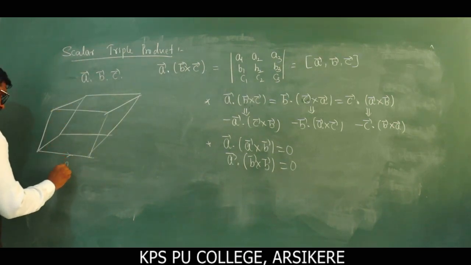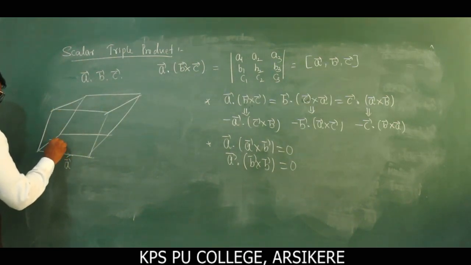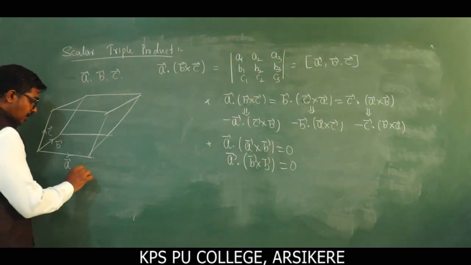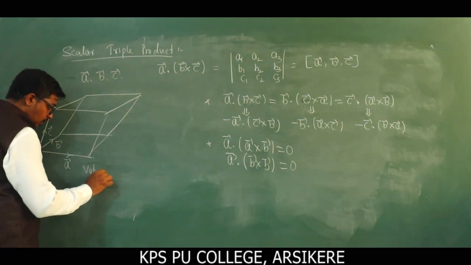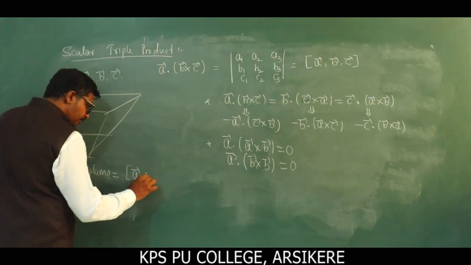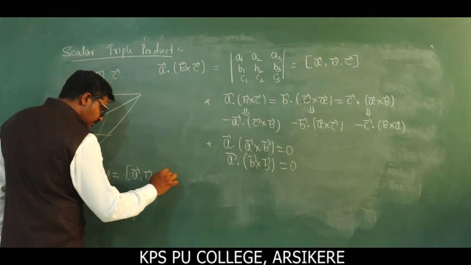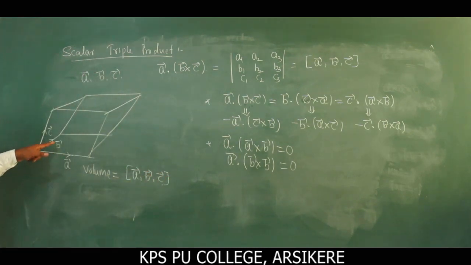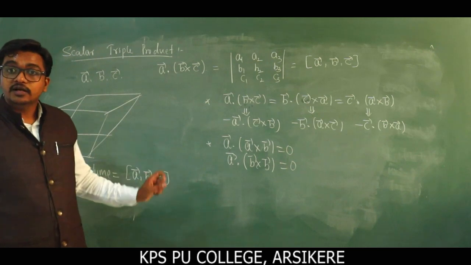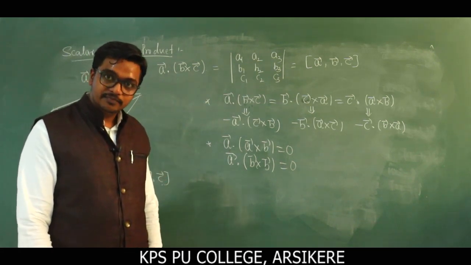Here is vector A, this will be vector B, and this will be vector C. Then the volume of this parallelepiped becomes just the scalar triple product of these three vectors. When A, B, C are the 3 terminal sides of the parallelepiped, then volume becomes the scalar triple product of vectors A, B and C. This is clear here.